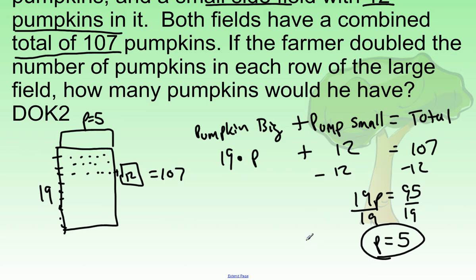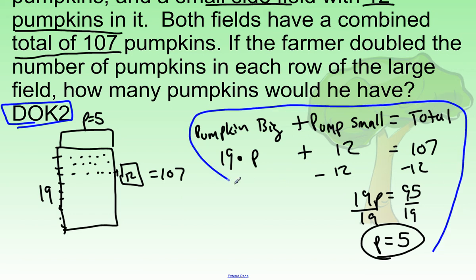All right. Now that's not the answer to the entire question. That's the number of pumpkins in each row. The actual question says, and this is the reason why this is a DOK2, because it's an extra step harder, if the farmer doubled the number of pumpkins in each row of the large field, how many pumpkins would he have? So all of this work was needed to find out how many pumpkins are in each row.